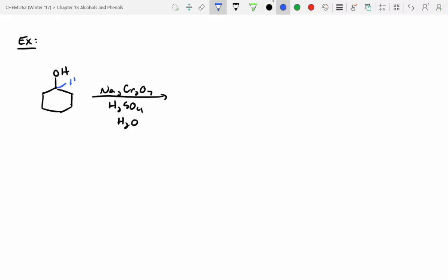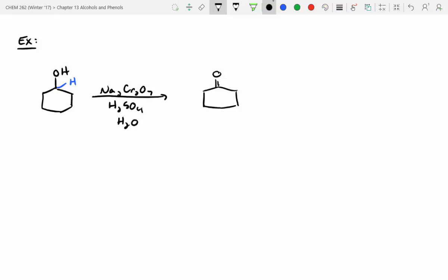We've got a blue proton, right? So if we pluck off that blue hydrogen, what functional group will we make? Ketone. Can we oxidize it past the ketone to anything else? No. So at this step, we're stuck at the ketone.